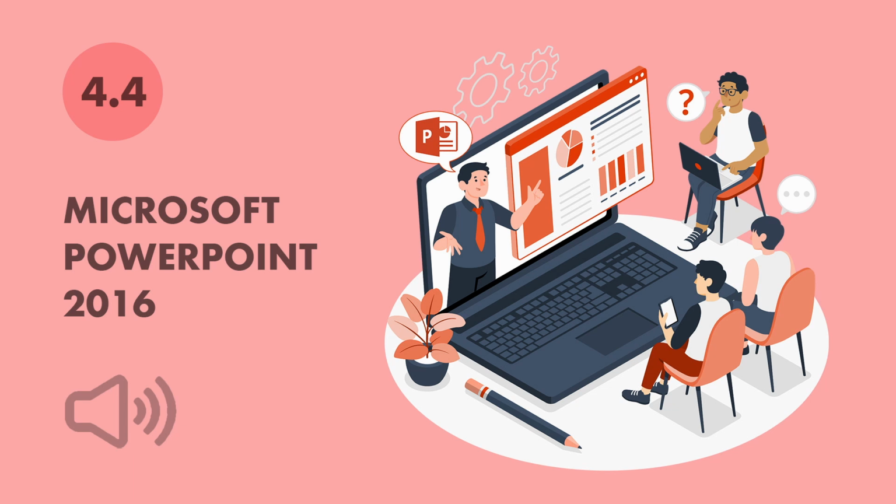Creating a presentation. When you open Microsoft PowerPoint, it will show a blank slide where you can directly start working. But if you want to open a new blank presentation, follow these steps. Click on the File tab. Click on the new option. You will see many different options.